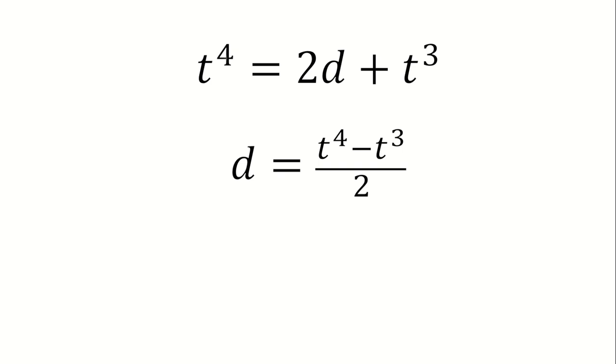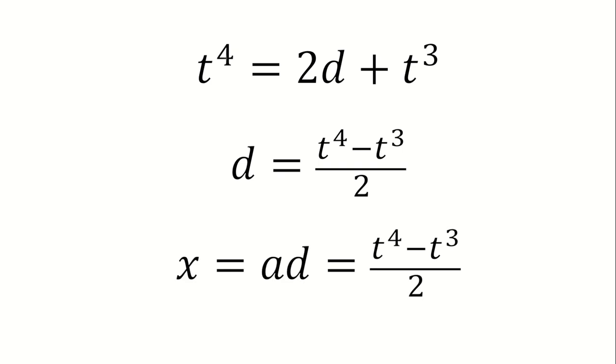By having d, we can get the x parameter, because x is equal to a · d, and a is already 1. So x is equal to d, which is (t to the power of 4 minus t to the power of 3) divided by 2. And by having this, we can obtain the y parameter.